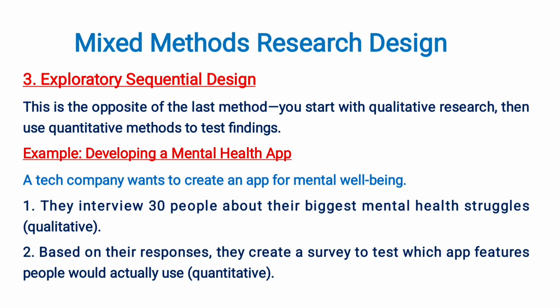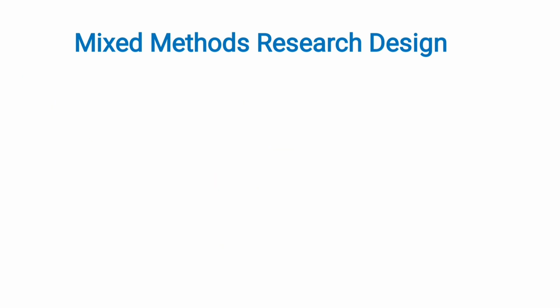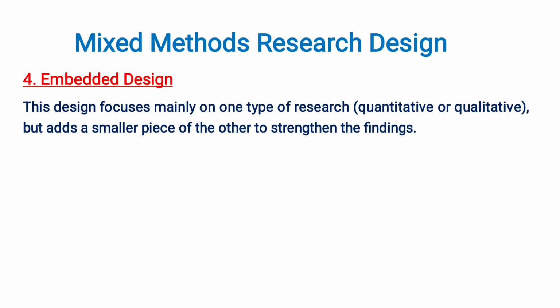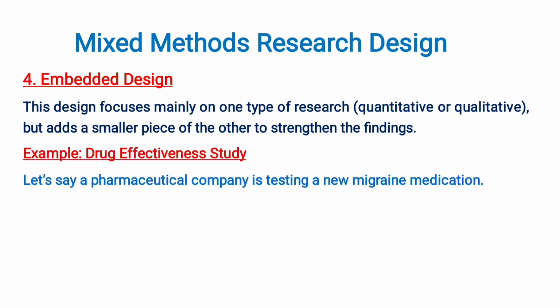And the fourth mixed method research design is embedded design. This embedded design focuses mainly on one type of research, quantitative or qualitative, but adds a smaller piece of the other to strengthen the findings. For example, for a drug effectiveness study, let's say a pharmaceutical company is testing a new migraine medication.